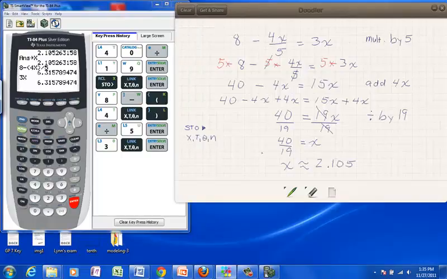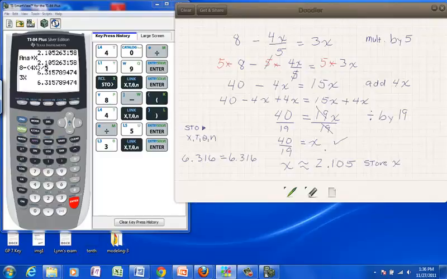Now, if I'm doing this for a graded problem, I probably want to write something like I stored the x, and then you would want to write down what it is that you got. So 6.316, if I round it off, matches 6.316, and so the answer checks.